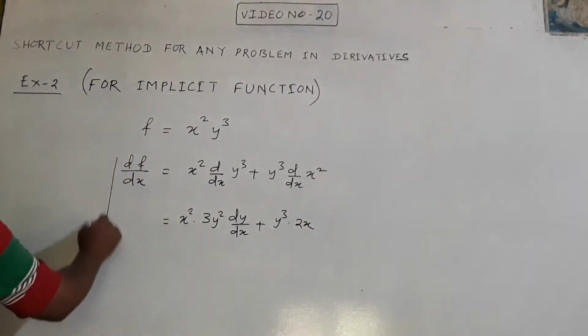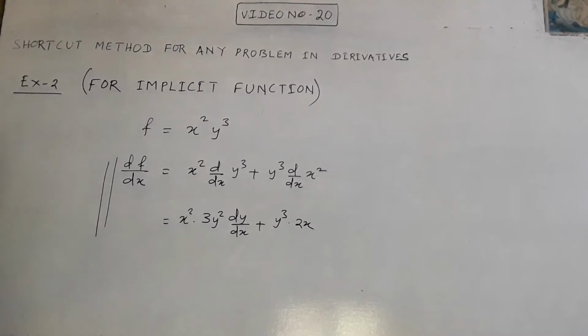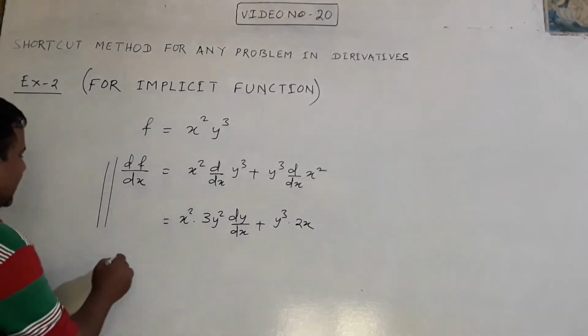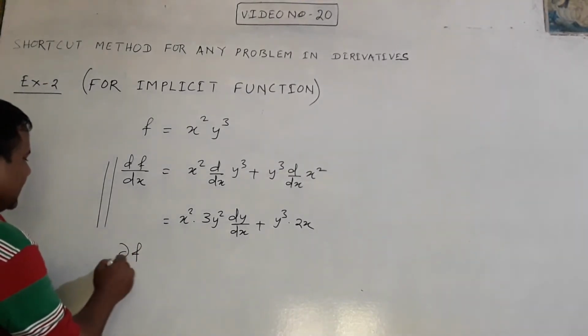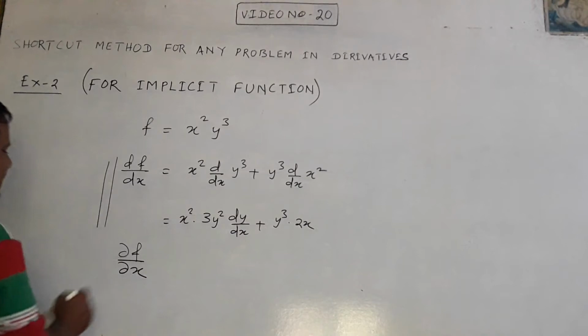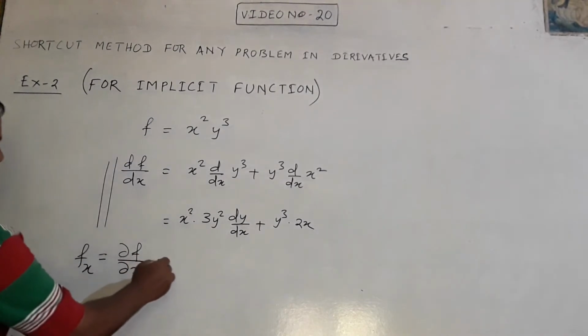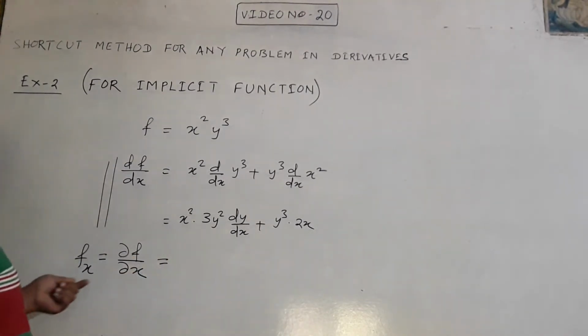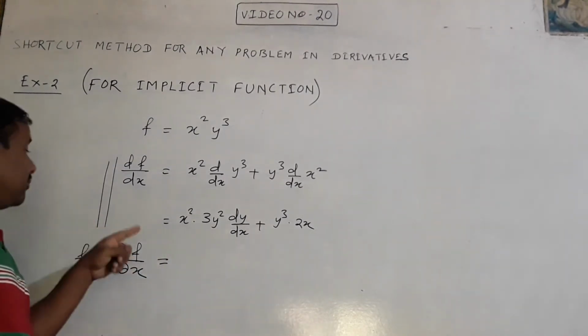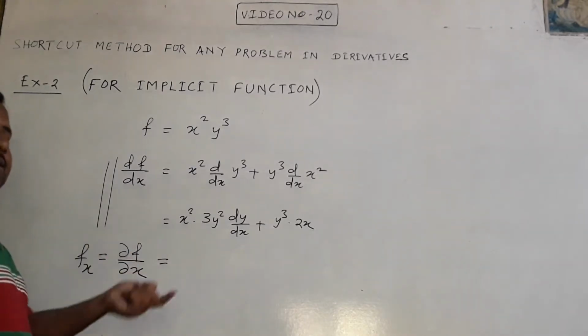You know it already. Now I am telling you partial differentiation of f with respect to x. It is written as del f by del x, and also in the form f x, meaning you differentiate with respect to x and treat y as constant.